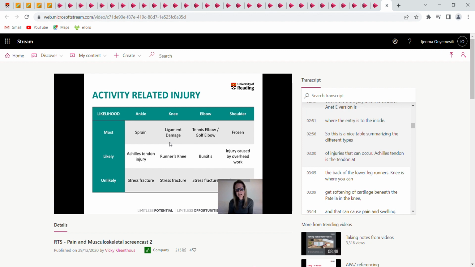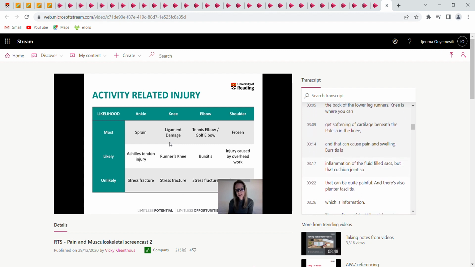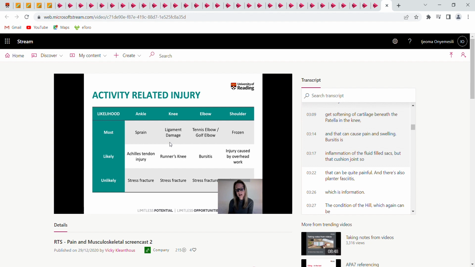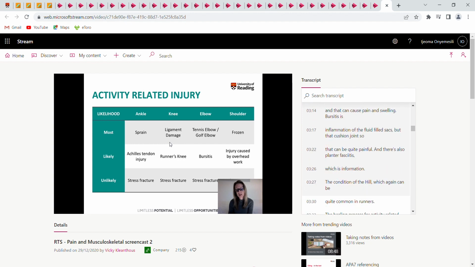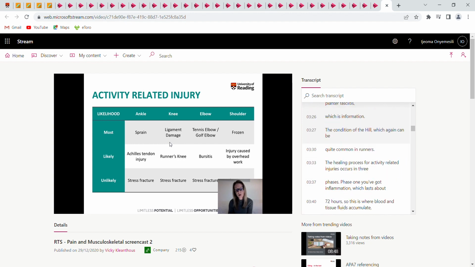Achilles tendon is the tendon at the back of the lower leg. Runner's knee is where you can get softening of cartilage beneath the patella in the knee, and that can cause pain and swelling. Bursitis is inflammation of the fluid-filled sacs that cushion joints, so that can be quite painful. And there's also plantar fasciitis, which is inflammation of the heel, which again can be quite common in runners.